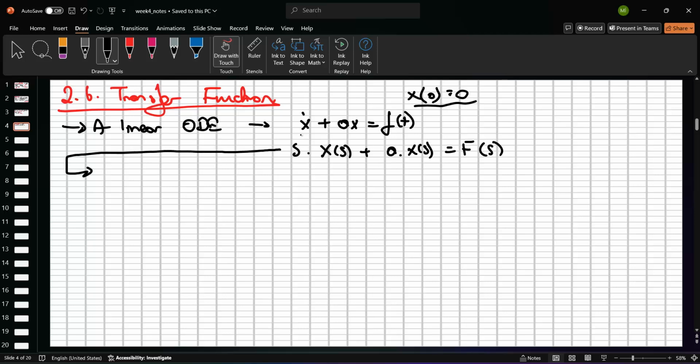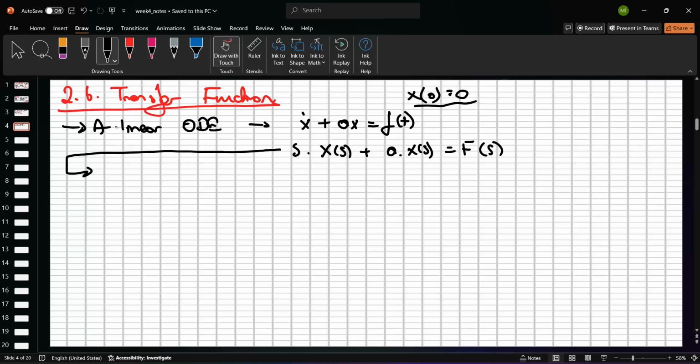Which one is the input? Which one is the output? Hacer? No. S is the Laplace variable. Just tell me.